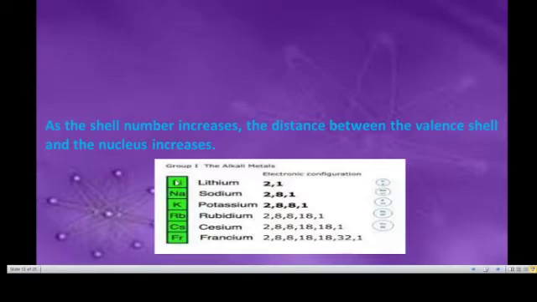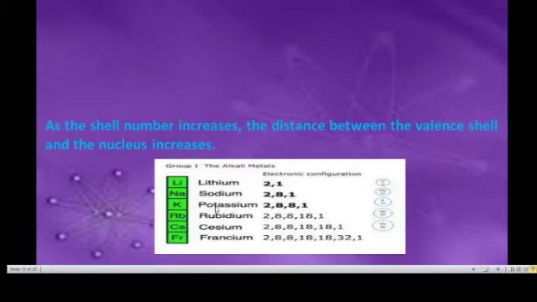Lithium, atomic number 3, electronic configuration 2, 1. Sodium, atomic number 11, electronic configuration 2, 8, 1.